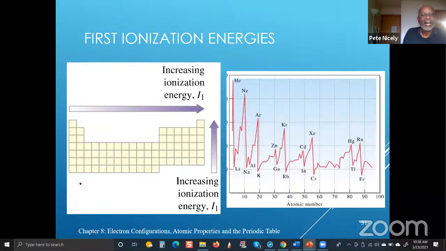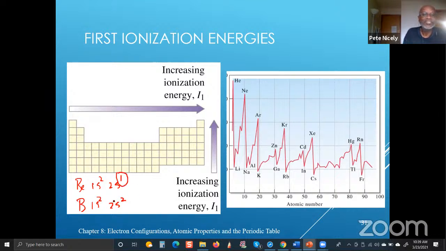So the electron configuration of beryllium is 1s2, 2s1, and the electron configuration of boron is 1s2, 2s2, all right? Now, in the case of beryllium, for the first ionization energy, you're removing this 1 electron from the s orbital.